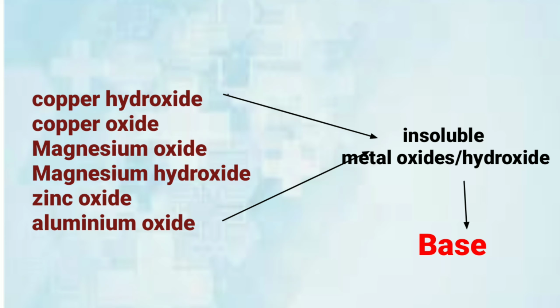So all metal oxides or metal hydroxides are base, but all bases are not alkali. Only those metal oxides or metal hydroxides will be alkali which are soluble in water.